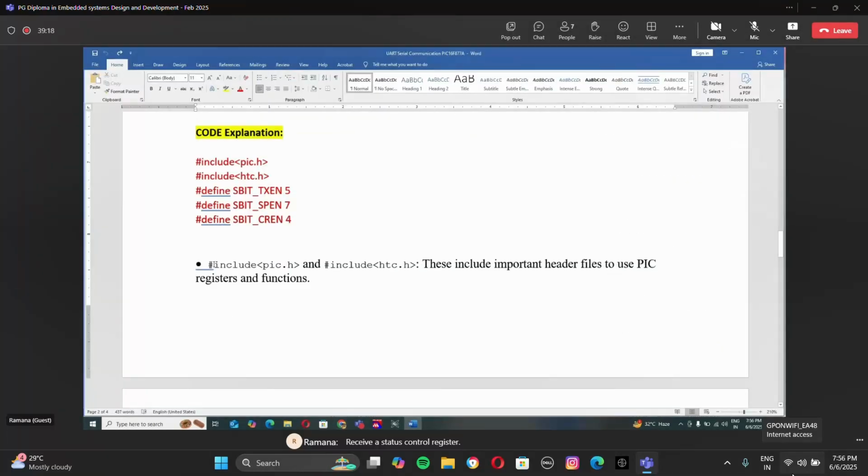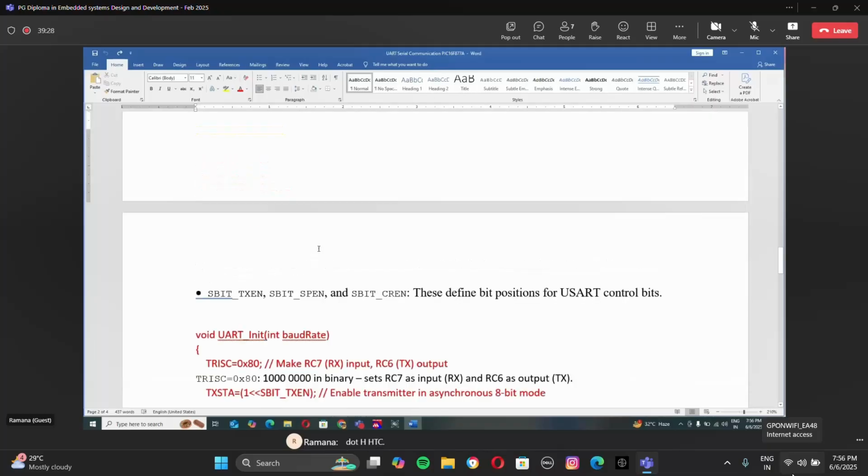The same thing I have given here as code explanation. Include pic.h, the HTC header file with PIC register functions. Then set bit TXEN, SPEN, CREN, which define the bit positions of the UART control bits.